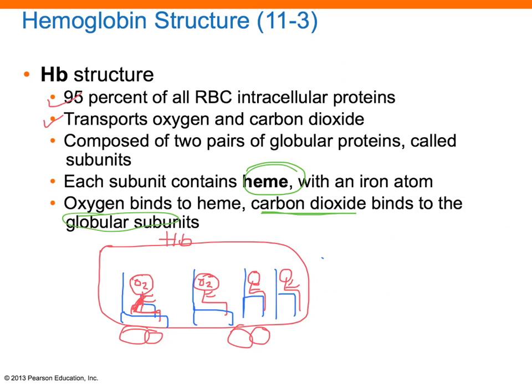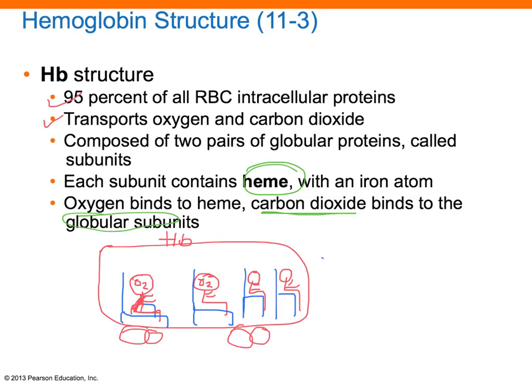Now, this is really interesting because that way carbon dioxide and the oxygen do not have to compete to sit in the same seats. So the heme binds oxygen, and remember the heme has that iron atom. The iron is where the oxygen sits into.